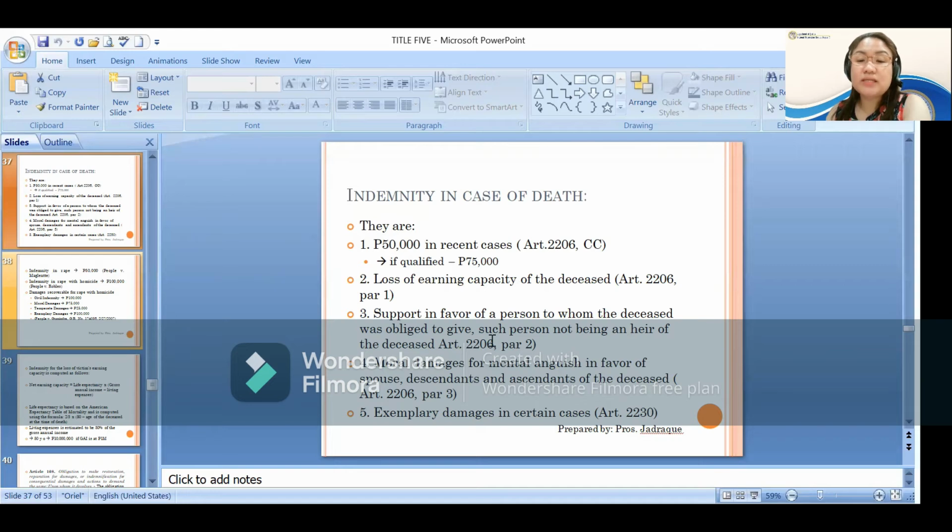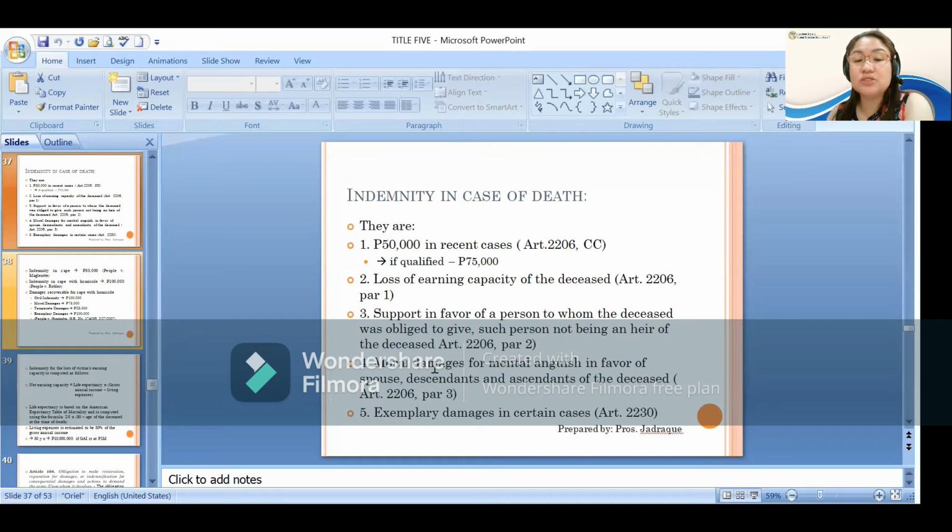So when we say not being an heir, meaning to say it is not an illegitimate child of the deceased. So maybe the deceased has other obligation to a person not his heir. And then moral damages for mental anguish in favor of the spouse, descendants, and ascendants, as well as exemplary damages.